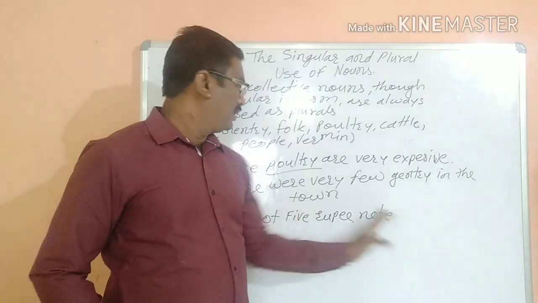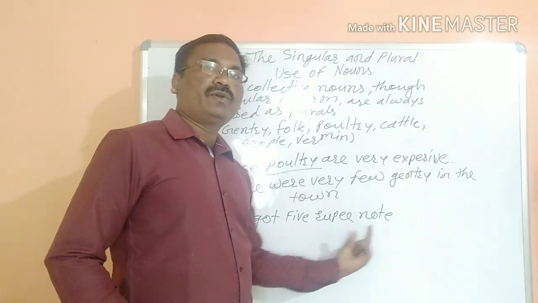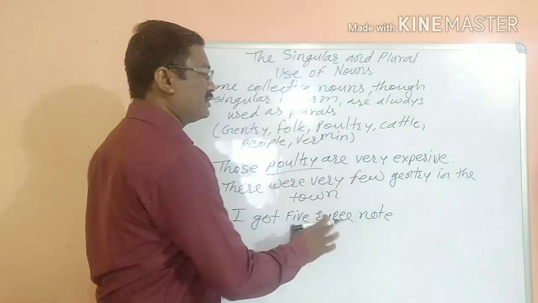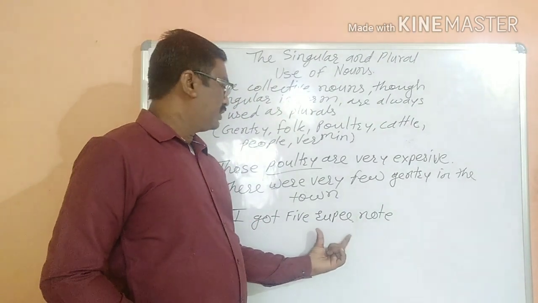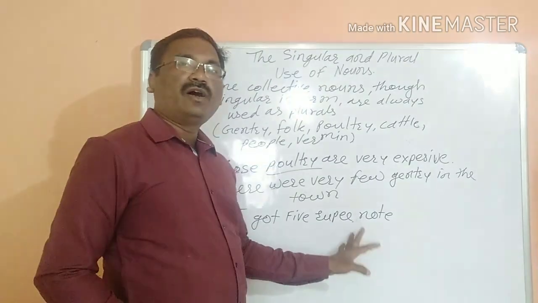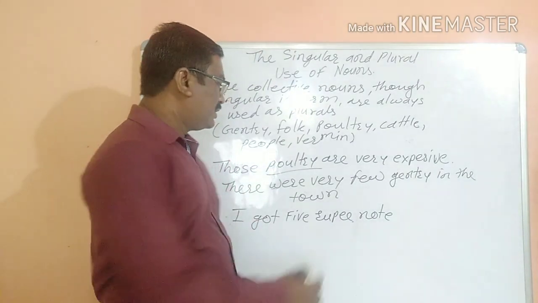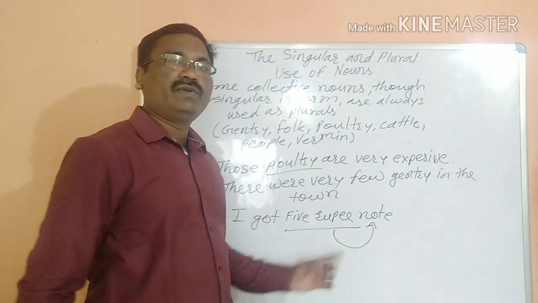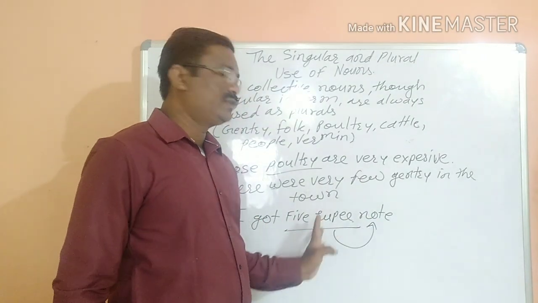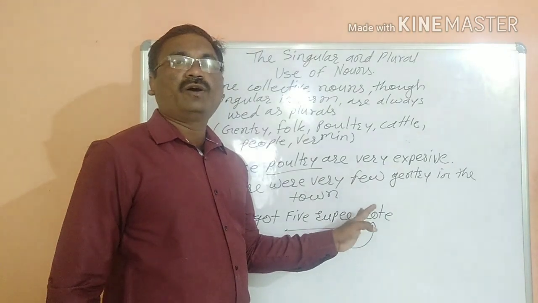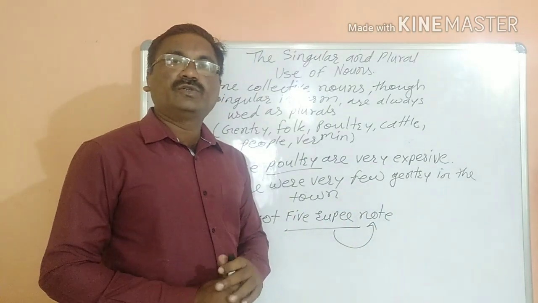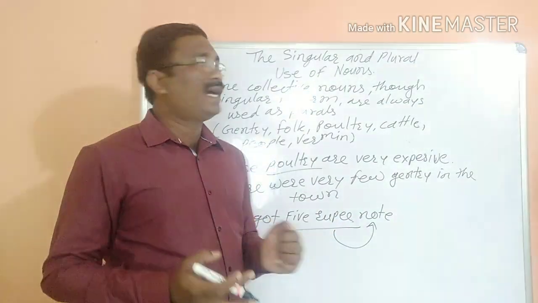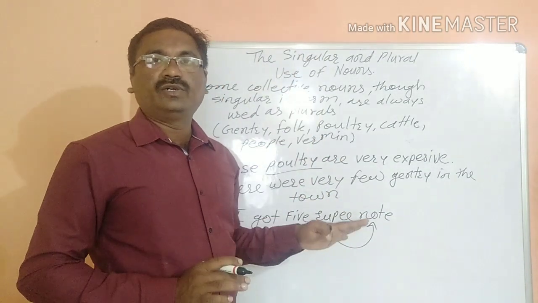So you should not use 5 rupees or such a plural form of adjective, because this is working as an adjective of this note. We should use the plural or singular form of the noun according to the rules I told you.